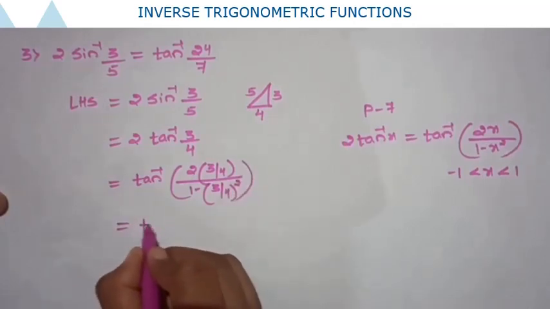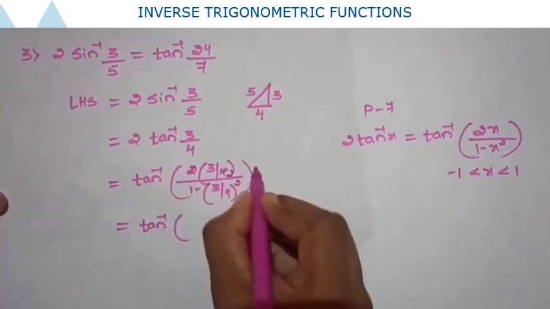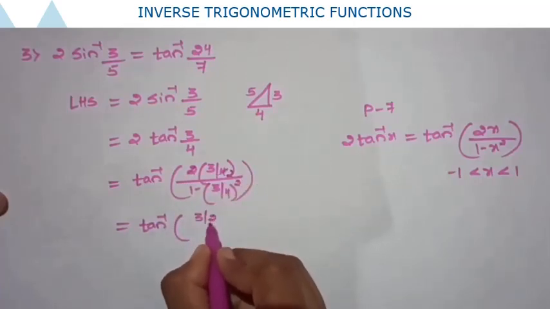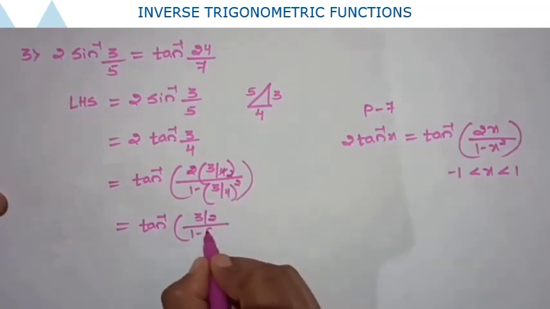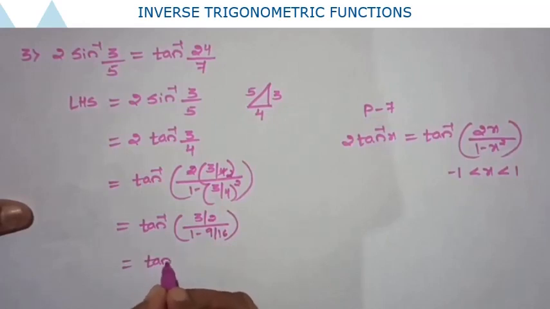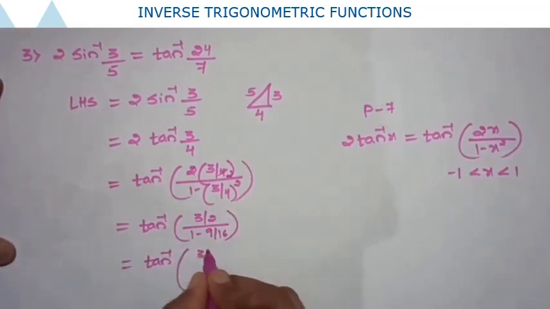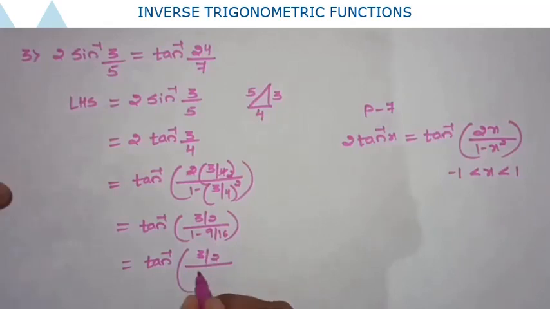Therefore the numerator, 2 ones are 2 twos are, becomes 3 by 2, divided by 1 minus 3 by 4 whole square, that becomes 9 by 16. So tan inverse of 3 by 2 divided by the denominator, LCM is 16 minus 9, which becomes 7 by 16.